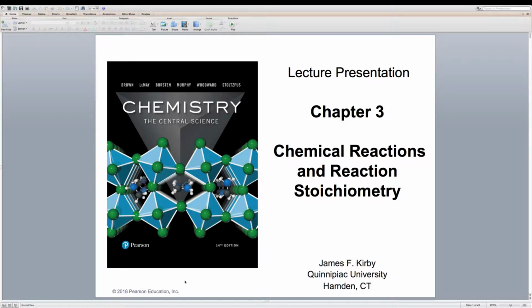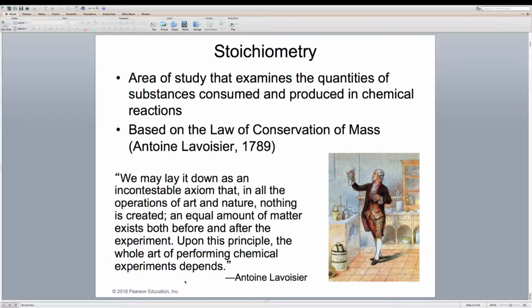Chapter 3 is a kind of merging of chemical reactions and prior content, really basic level content that you should remember from the prerequisite course, and reaction stoichiometry at this level of Chemistry 1411. Stoichiometry sounds like a confusing word.